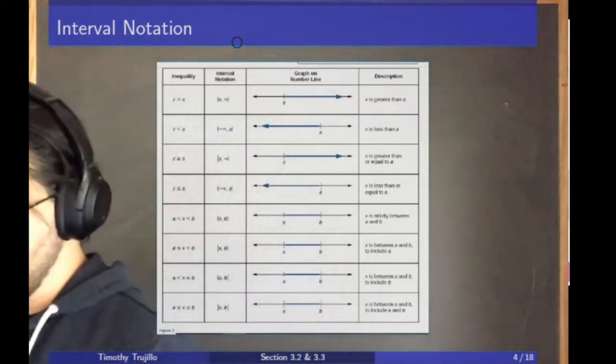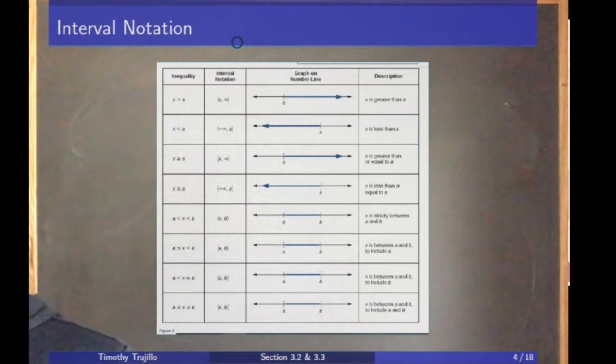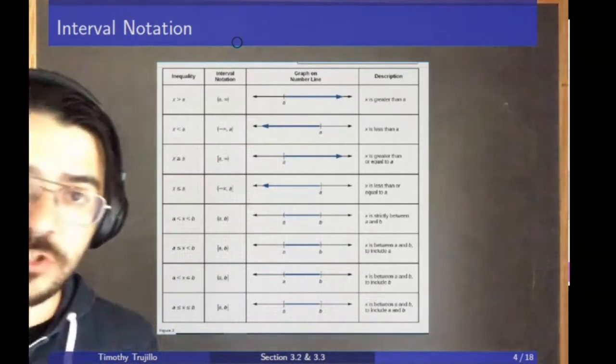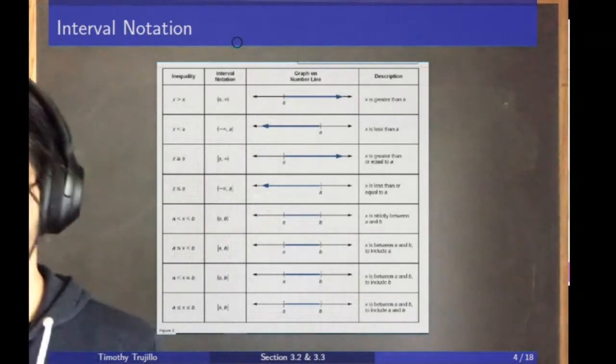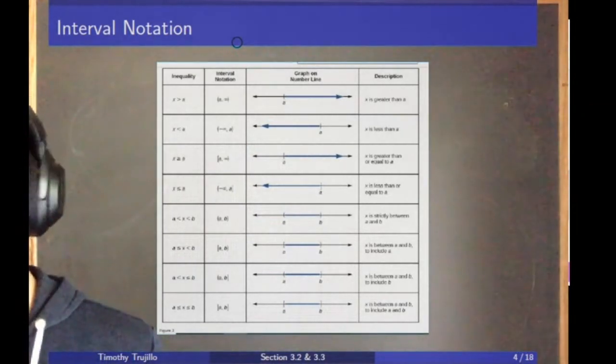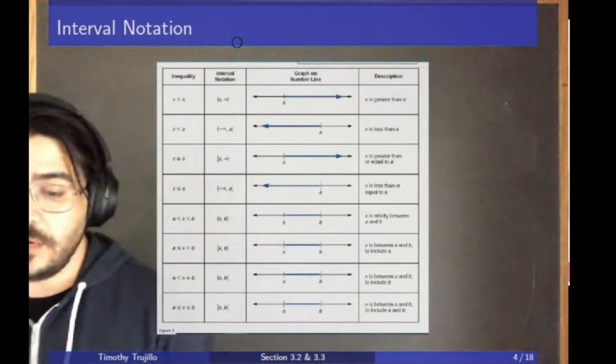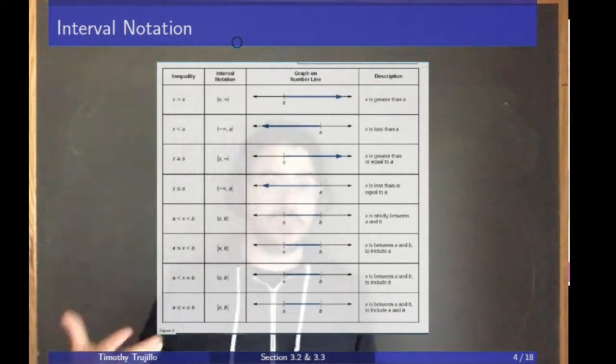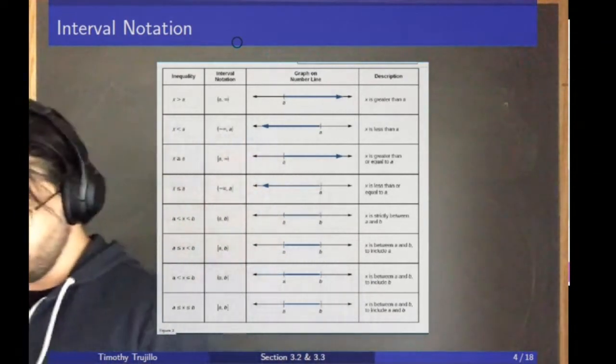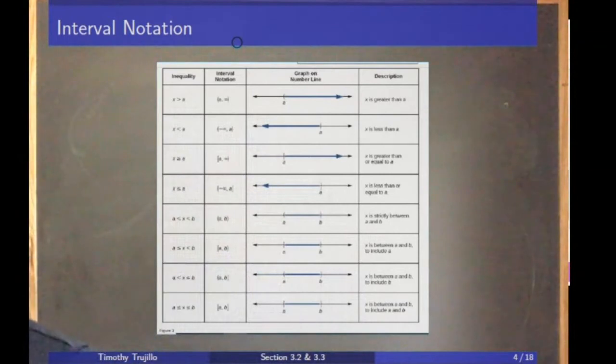So this is just a reminder of interval notation. Remember, the bracket means you include, the parenthesis means you exclude the value. And we'll need to solve some inequalities, so that's why the domain will naturally be in this format of an inequality, of an interval.